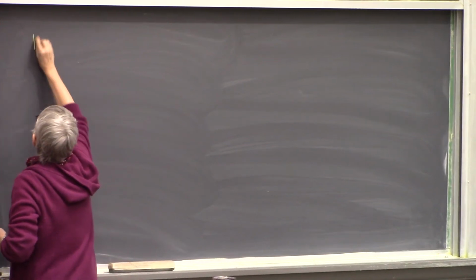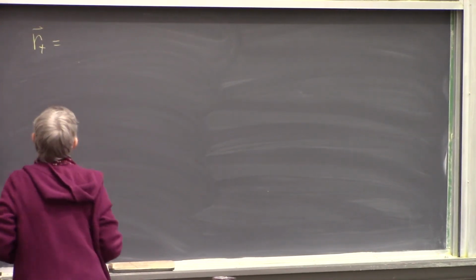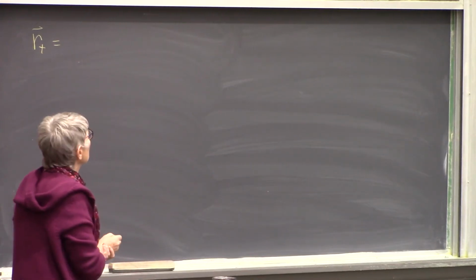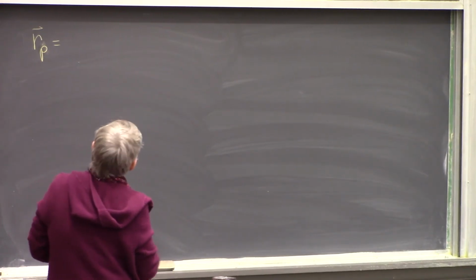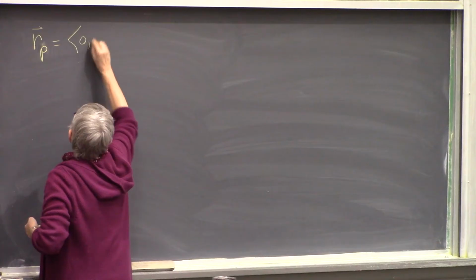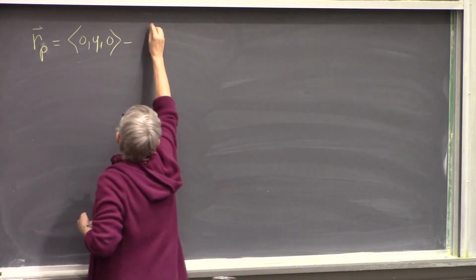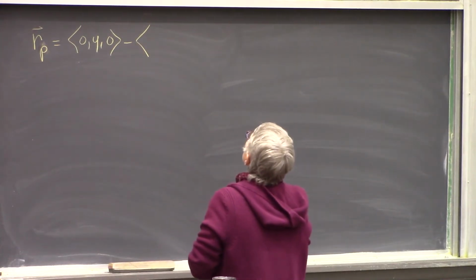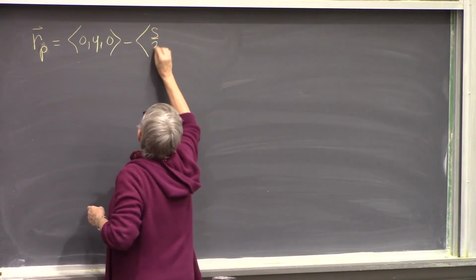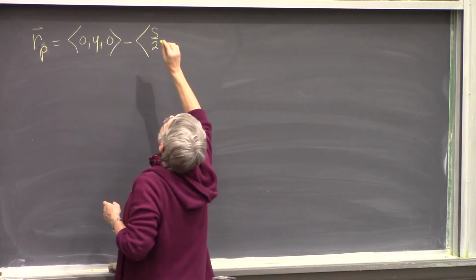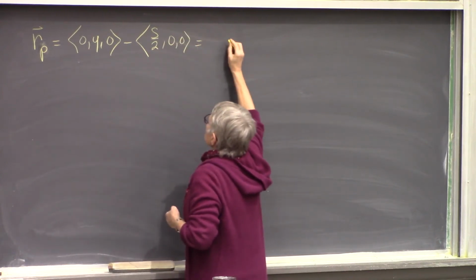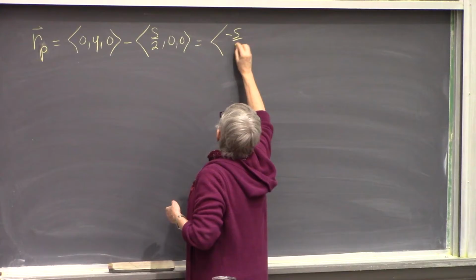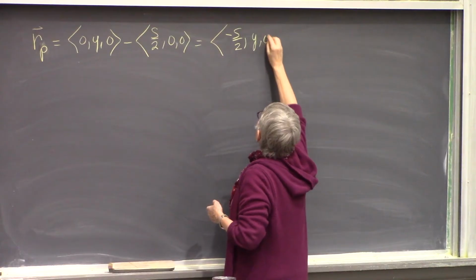I have to do it again for the positive charge. So r plus, we'll call it r sub P, is the observation location 0, y, 0 minus the location of the positive charge, which seems to be plus s over 2, 0, 0, and that gives us a negative s over 2, y, 0.